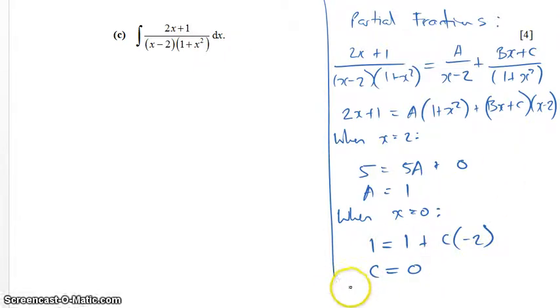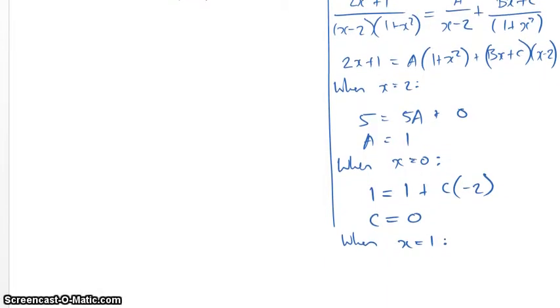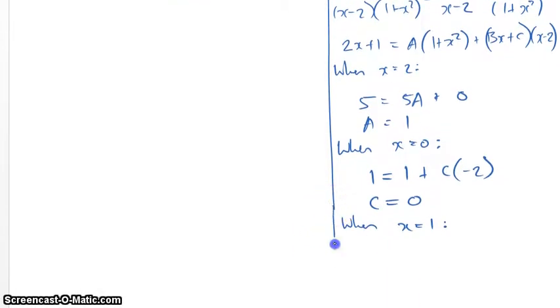So last value, let's choose when x equals 1. What do we find? So when x is 1, we would get on the right hand side 3 equals a, which is 1, times 1 plus 1, so 2, plus b, c is 0 of course, and then minus 1.